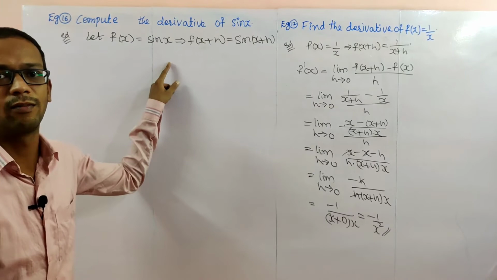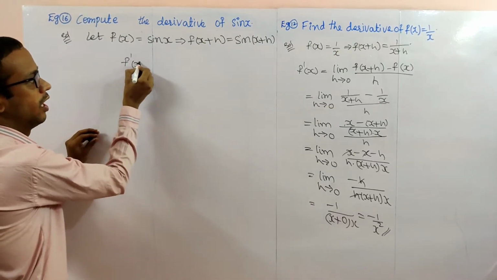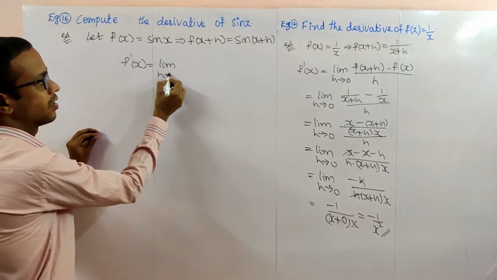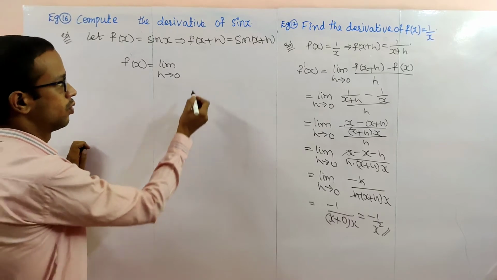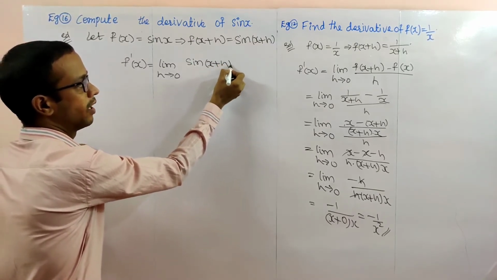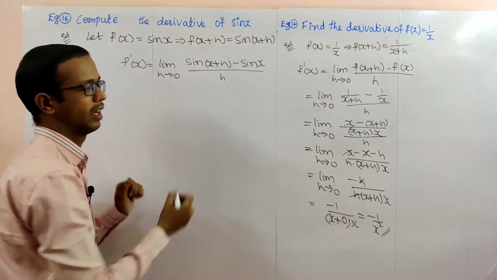Now substituting in that formula, f dash of x is equal to limit h tends to 0, f of x plus h minus f of x, which is sin of x plus h minus sin x, divided by h.